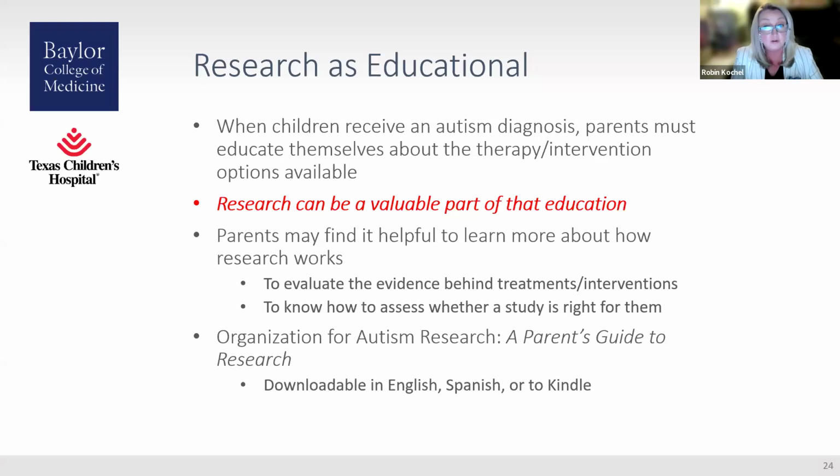So parents may find it helpful to learn more about how research works so that they can evaluate the evidence behind those different treatments and interventions and pick the ones that are best for them. And then also to know how to assess whether a study is a good fit for them. And again, I think that the Parent's Guide to Research for the Organization for Autism Research is a great way that they can get that information and support.